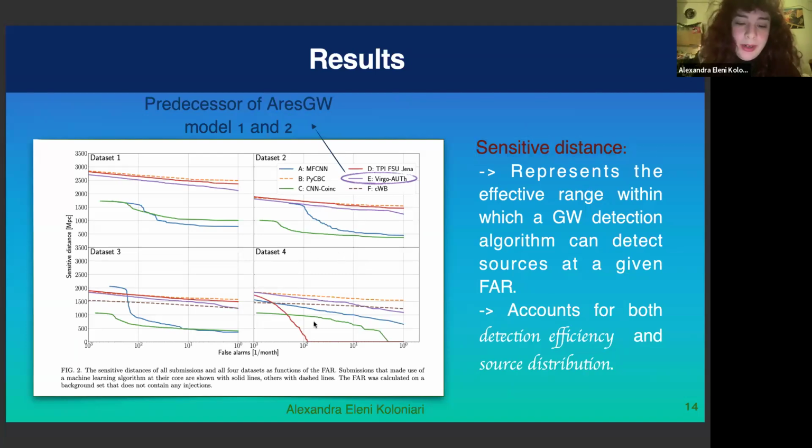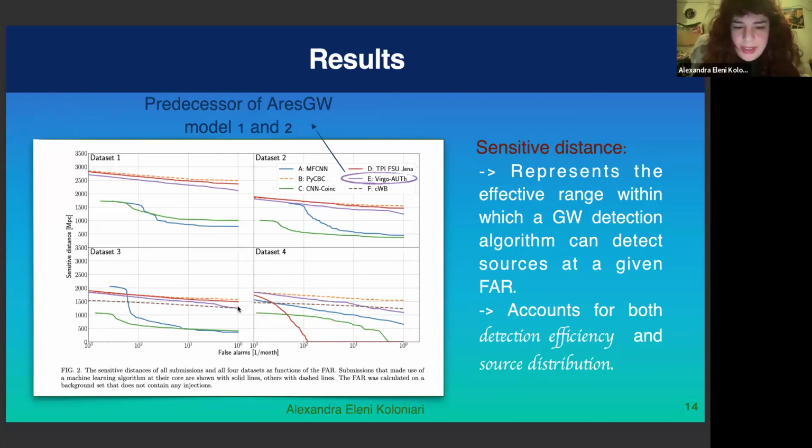And in here, the results of the pipelines that were neural networks are depicted with solid lines, and the two traditional pipelines are depicted with dashed lines. The orange one depicts PyCBC, and the brown one depicts CWB.